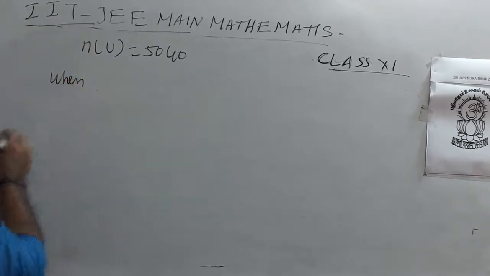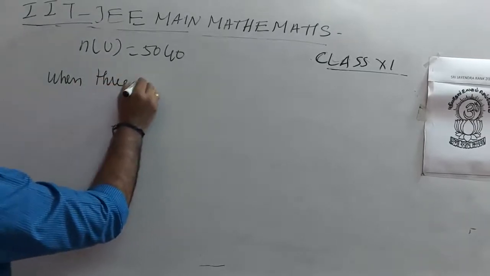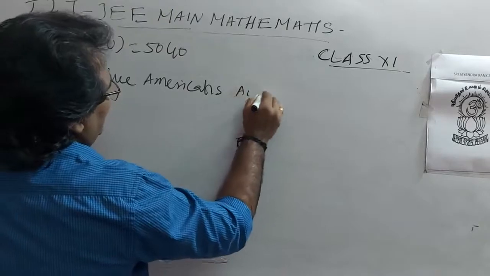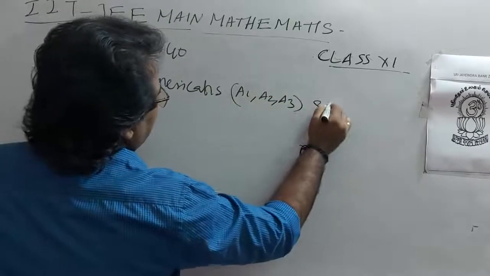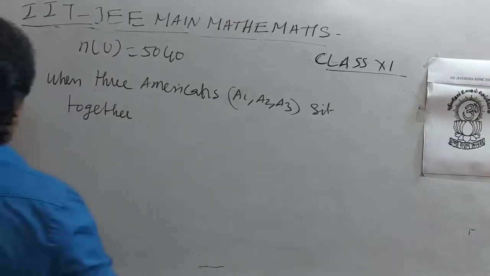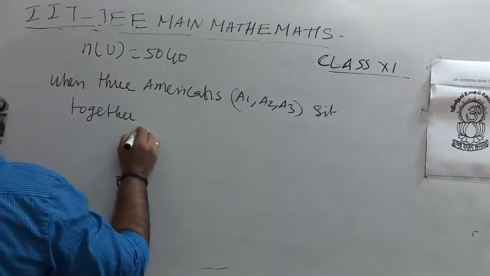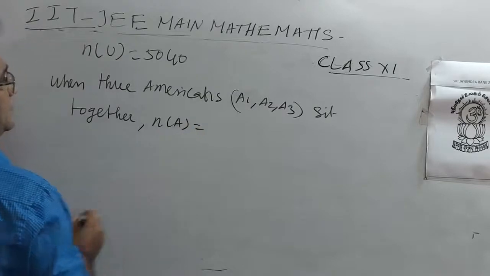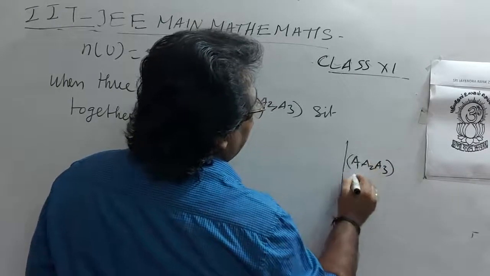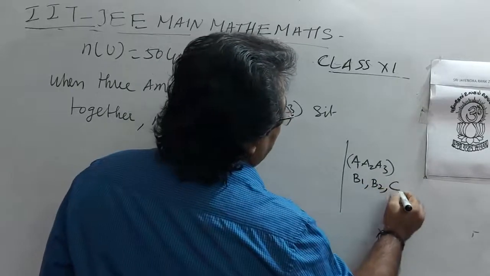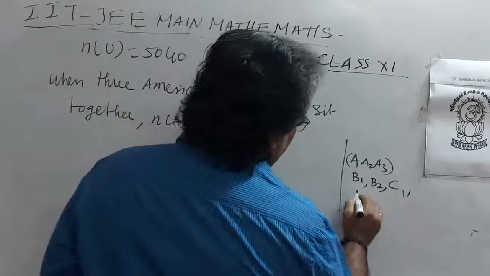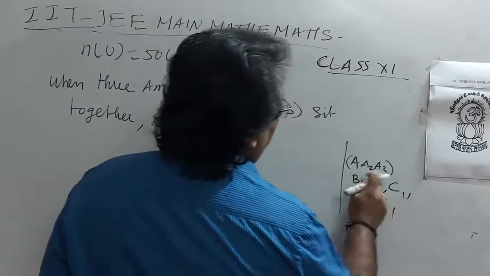When the three Americans A1, A2, A3 are together, n of A: totally we have 8 persons, A1, A2, A3, British B1, B2, Chinese C1, one Dutch D1 and one Egyptian E1.